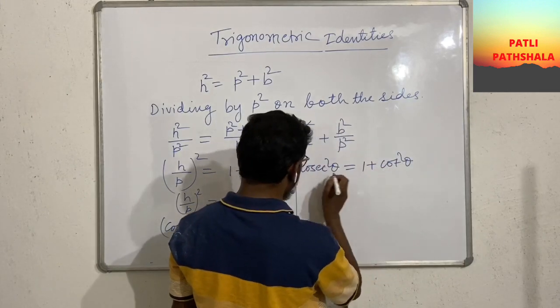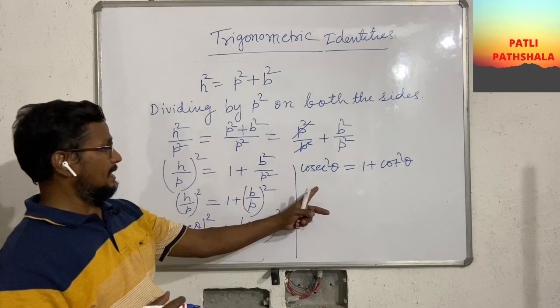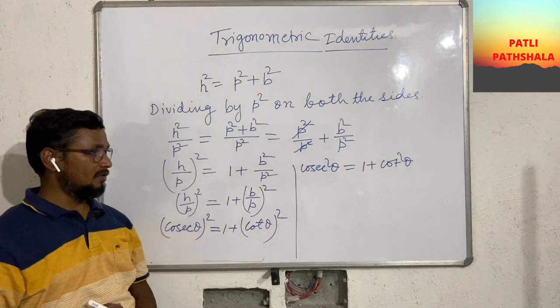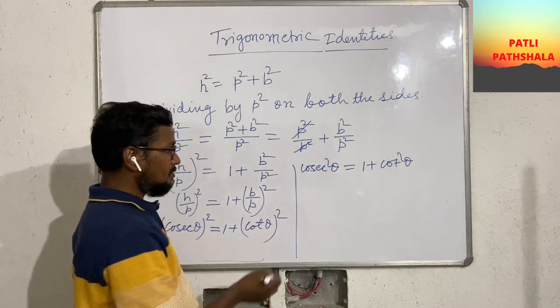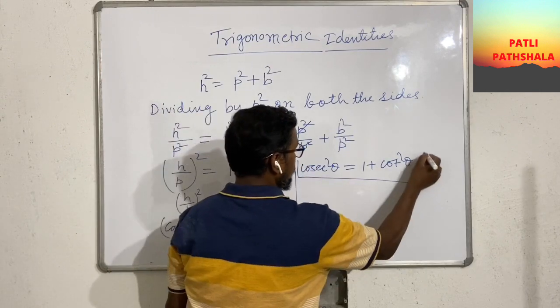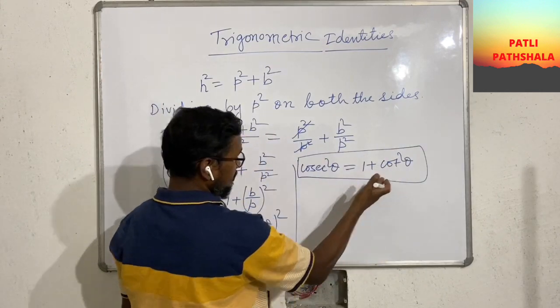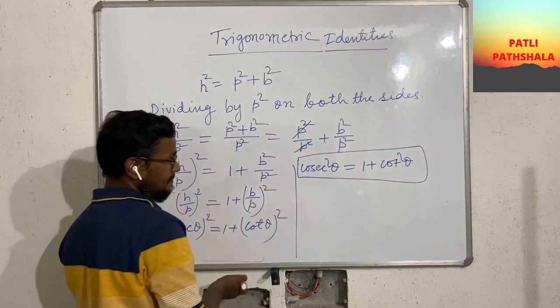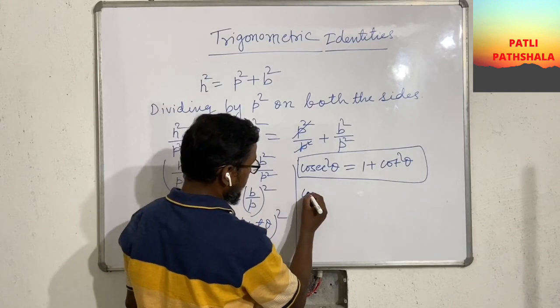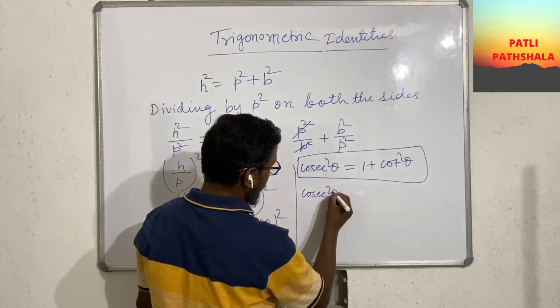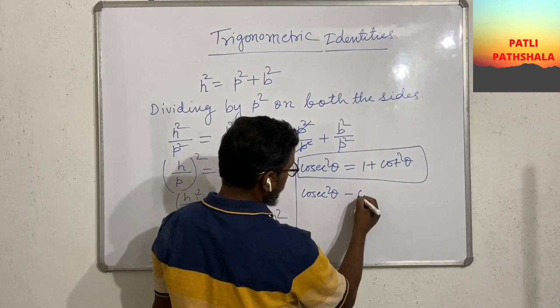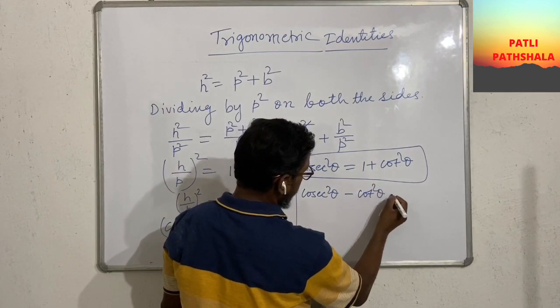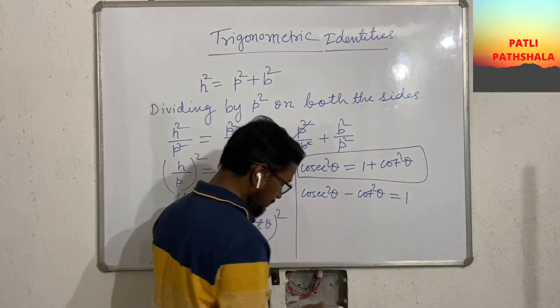So this is another relation. Cosec square theta is equal to 1 plus cot square theta. Now if we transfer cot square theta on this side, it will be cosec square theta minus cot square theta is equal to 1. So this is another relation.